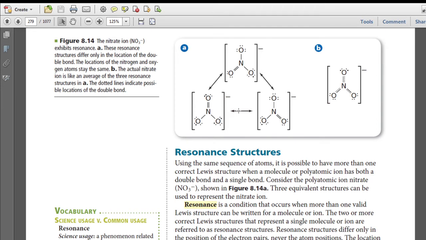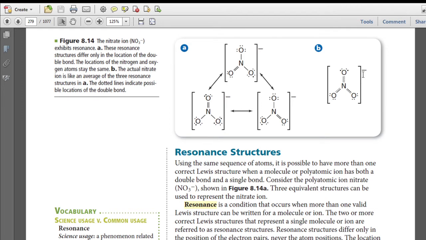In chemistry, that double bond just tends to shift around, and as it's shifting around, it could be anywhere and everywhere. So we use these dotted lines to indicate that this double bond could be here, could be there, could be anywhere amongst those 3 possible locations in this given molecule.